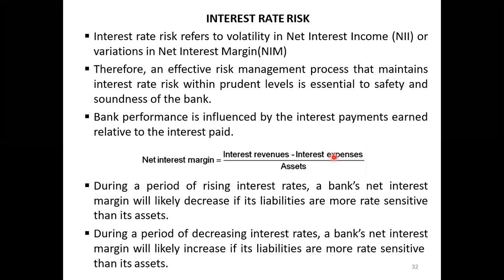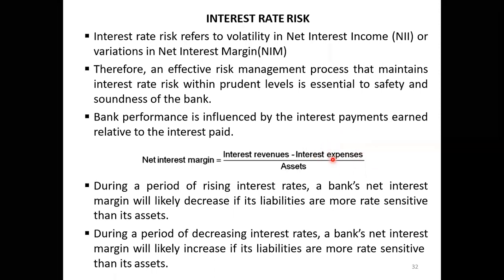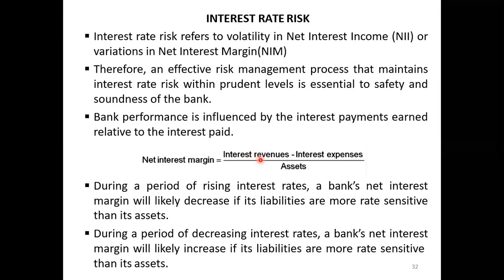When interest rate increases in the market, many people expect a high interest rate on their deposits in the bank. At that time, the bank has to pay more interest than earlier. Meanwhile, the interest rate increase may not impact this revenue since it's fixed.